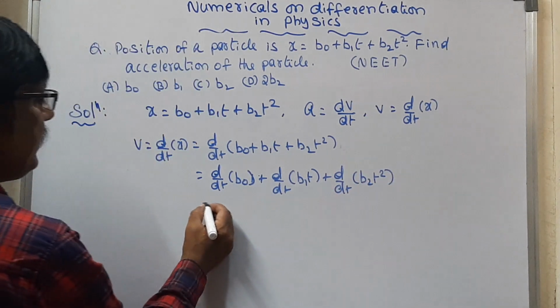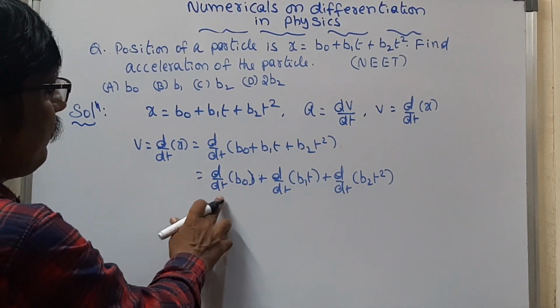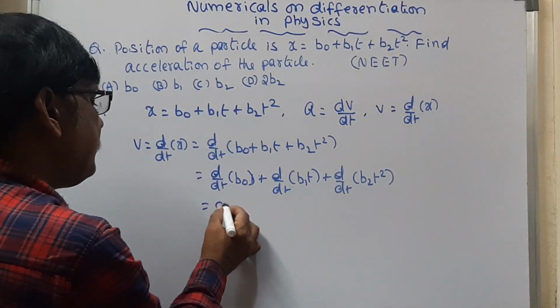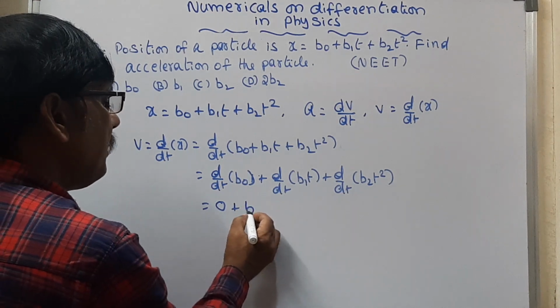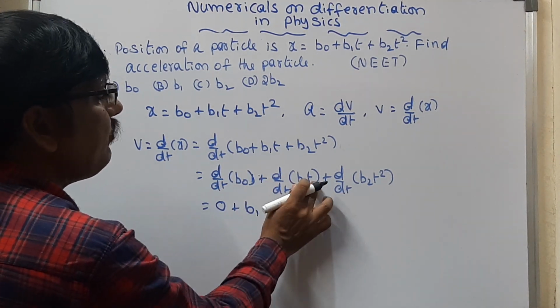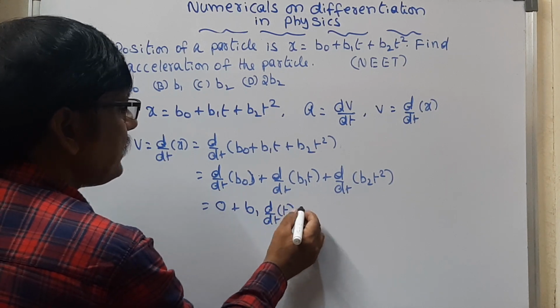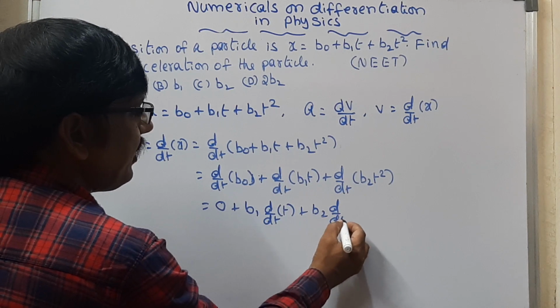Now d by dt of b0 is not associated with any variable t, so it is a constant, and the differentiation of a constant is 0. Plus b1 is a constant, which comes as a prefix, and d by dt of t. Plus b2 is the constant, and so d by dt of t square.